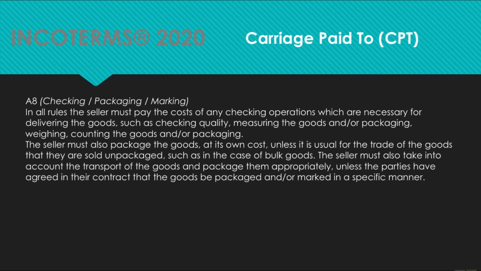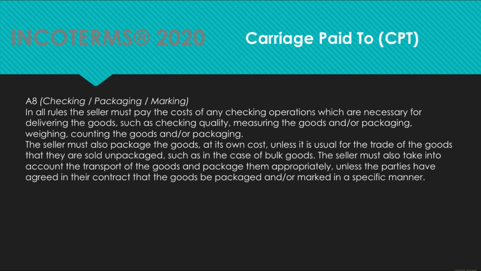A8. Checking, packaging, marking. In all rules, the seller must pay the cost of any checking operations which are necessary for delivering the goods, such as checking quality, measuring the goods and/or packaging, weighing, counting the goods and/or packaging.